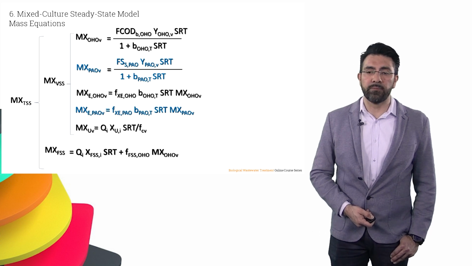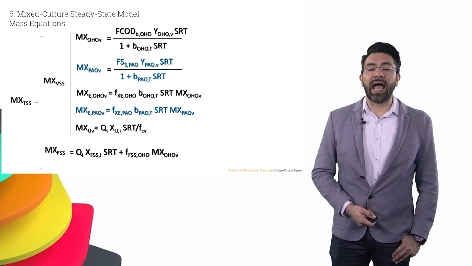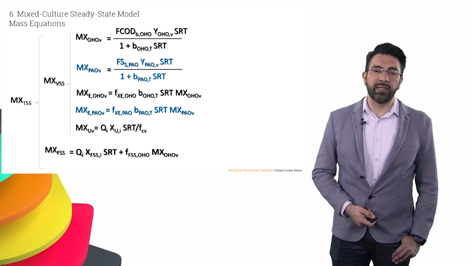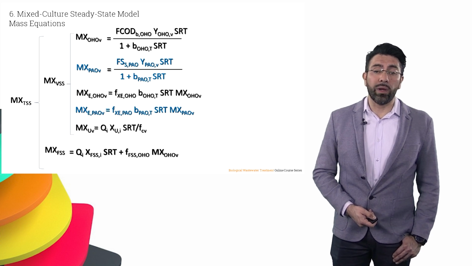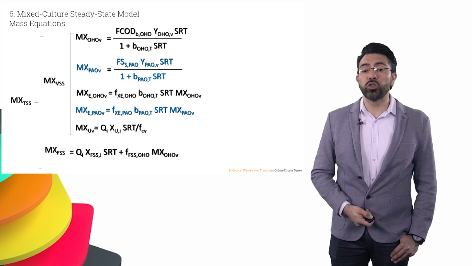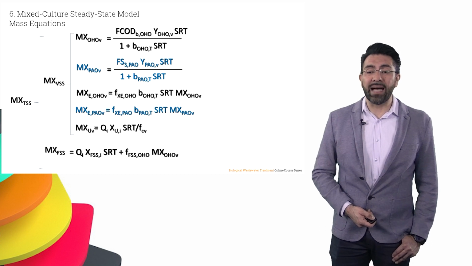fixed suspended solids. With regards to the fixed suspended solids, we have to estimate how much of the fixed suspended solids present in the influent will accumulate as a function of the SRT, plus the amount of fixed suspended solids that the OHOs have in their masses.